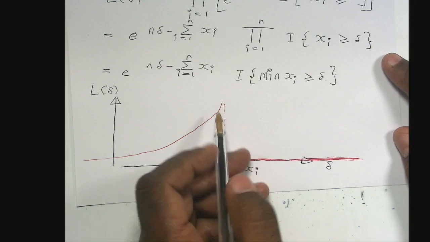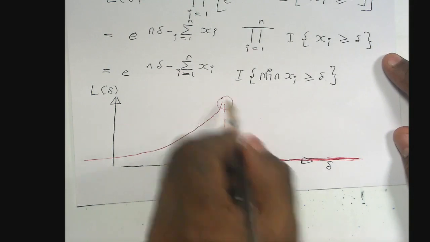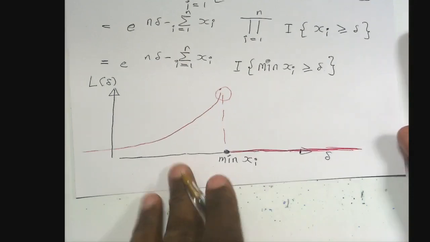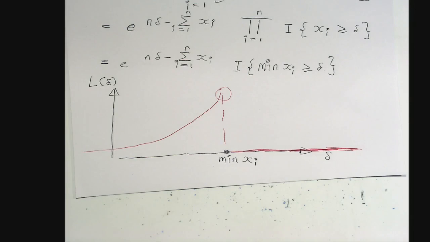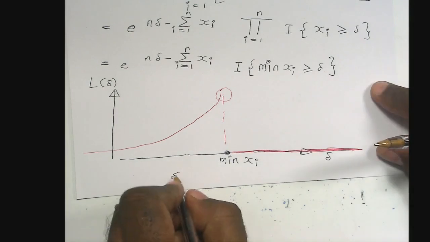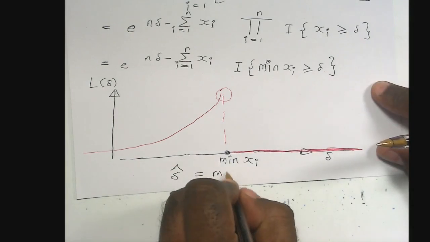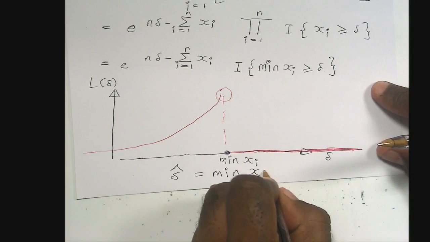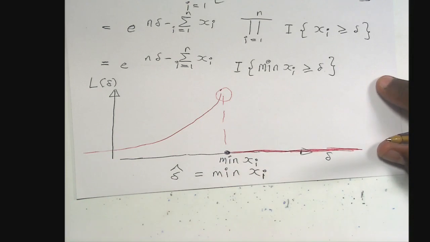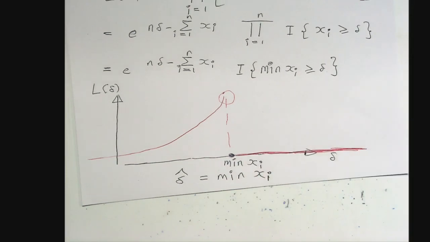And the largest point of this graph is over here, and therefore the MLE of delta is equal to the min of xi. All right, guys? Is that clear or not?